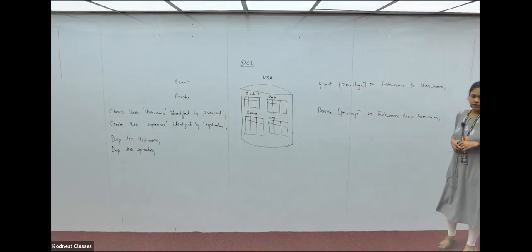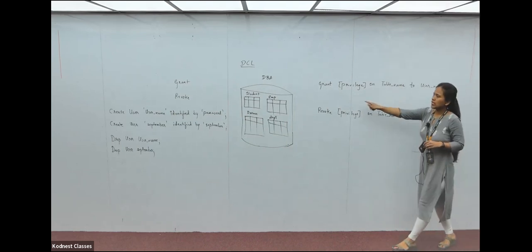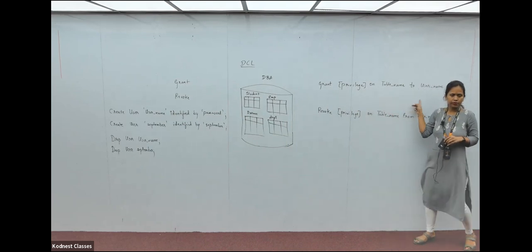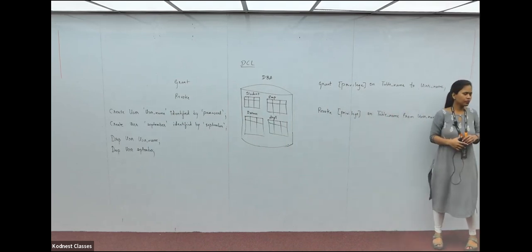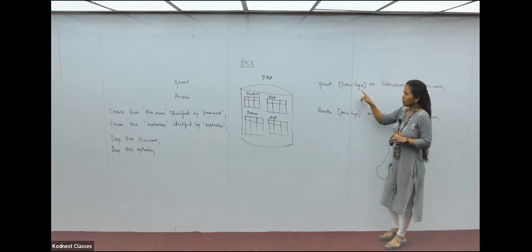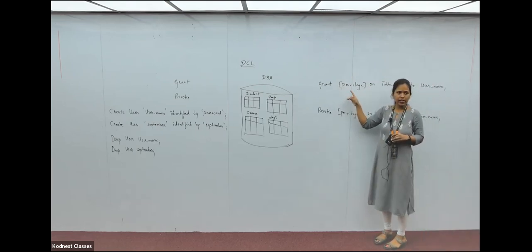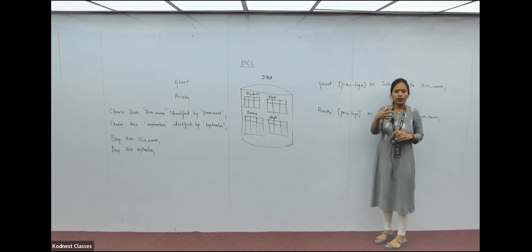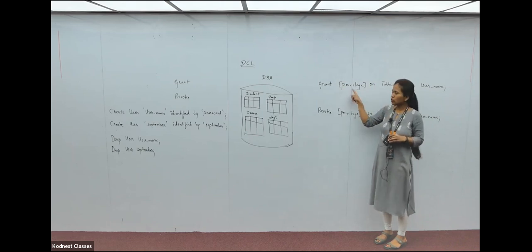Syntax. Just write the syntax. And remember why I have written it with privilege like this: you have to decide which privilege you want to give, and that you will be entering here.